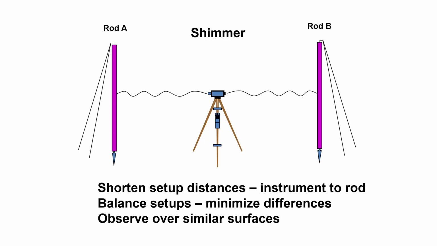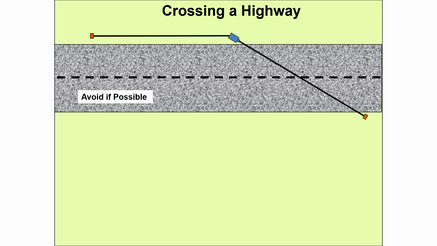Shorten setup distances, instrument to rod, balance setup, minimize differences, observe over similar surface. When we are crossing the highway, we should avoid this kind of instrument and staff place.